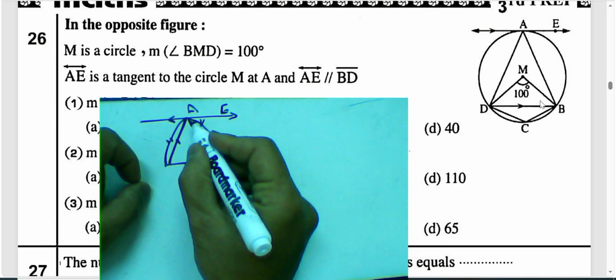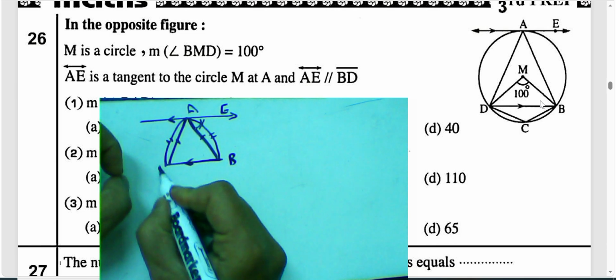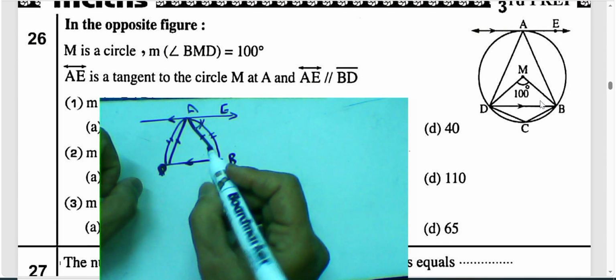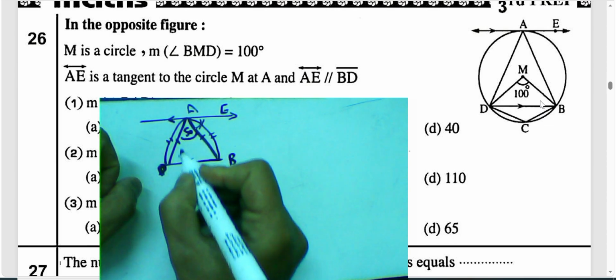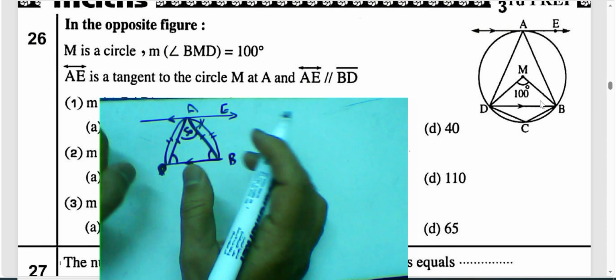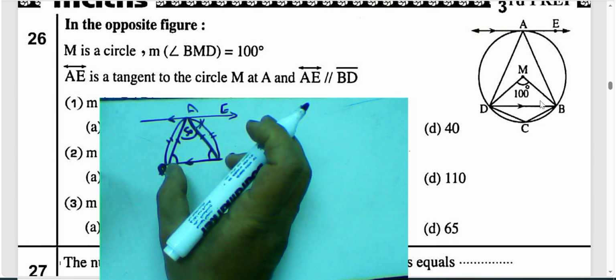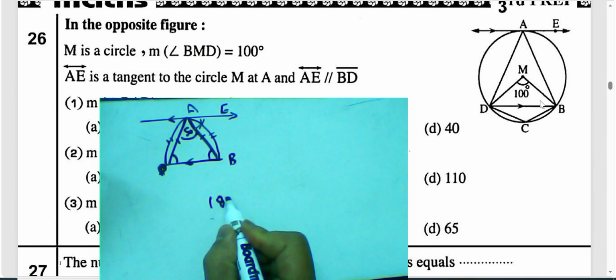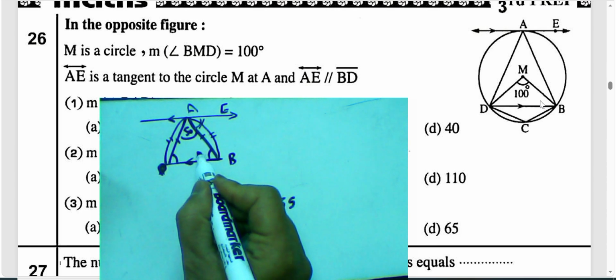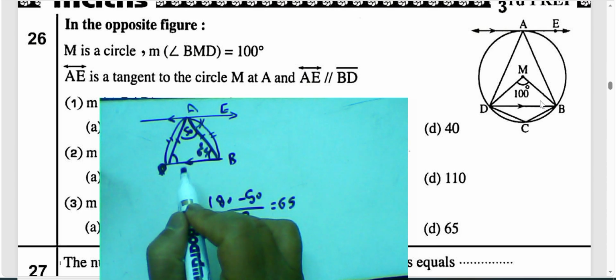Then the two chords are equivalent, so we have isosceles triangle ABD. I found now that the measure of angle A was 50 degrees. Then I can find the measures of angles B and D because we have an isosceles triangle. The measure of the two base angles will be 180 minus 50, divided by 2, which is 65. Then the measure of the angle here will be 65 degrees.